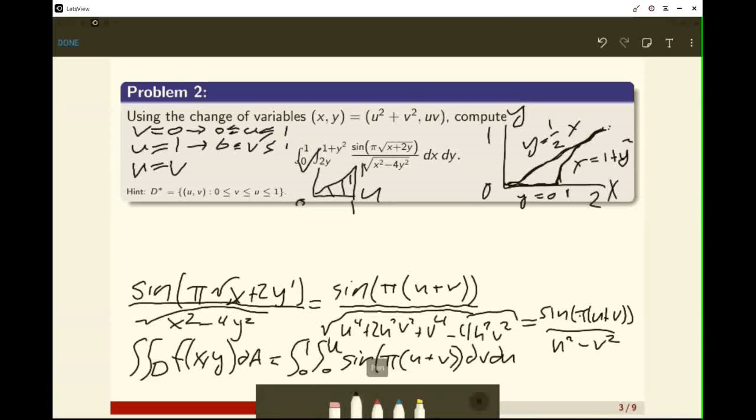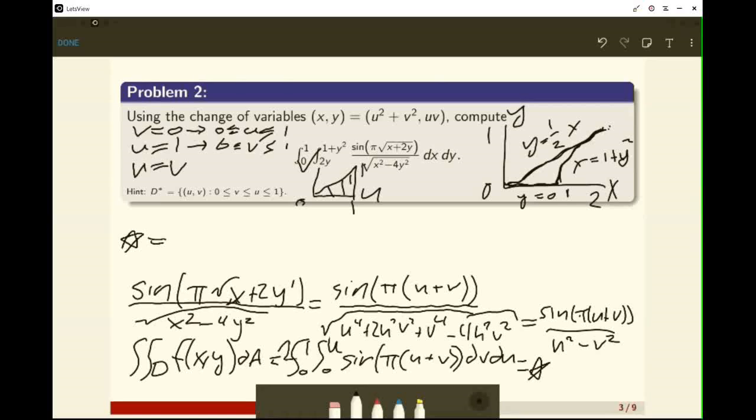Let's see if we need. So we will sort of teleport up to the top of the board here. That we can take just first the antiderivative. Oh, I forgot.